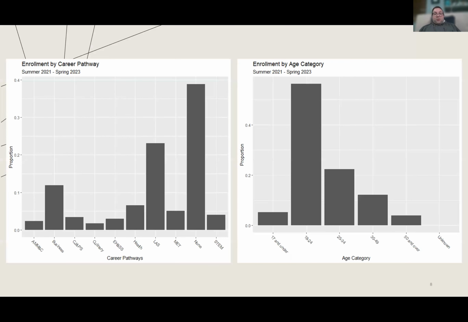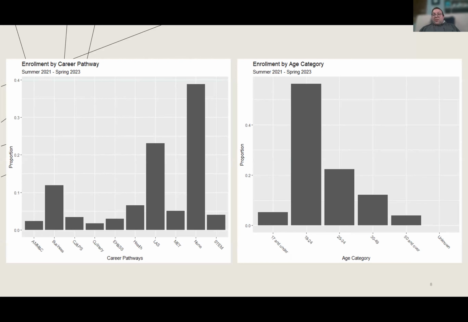I assembled some bar graphs to show proportion of enrollment. On the left, in the different career pathways, you can see about 40% of students at Schoolcraft are not enrolled in any degree pathway. A lot of those are guest students from other schools taking a single class. On the right, you can see age.